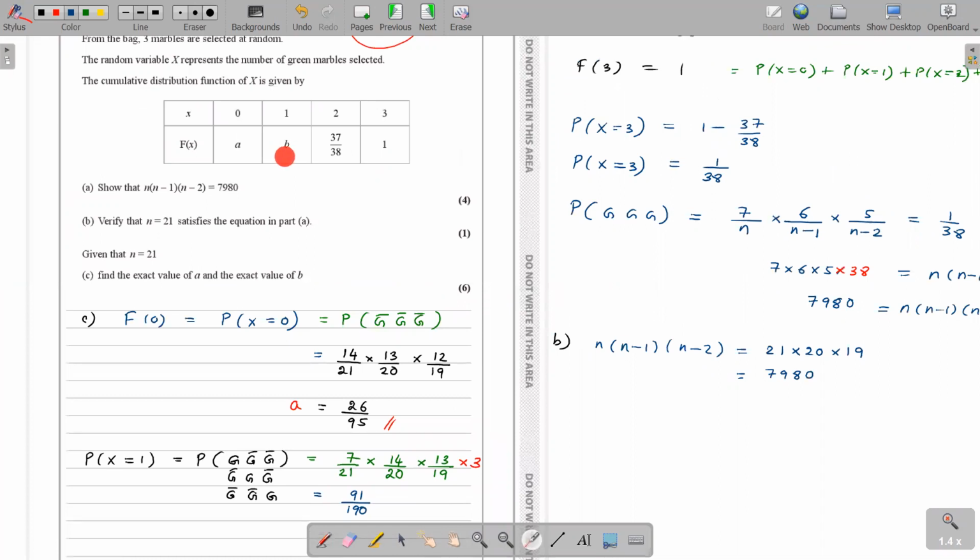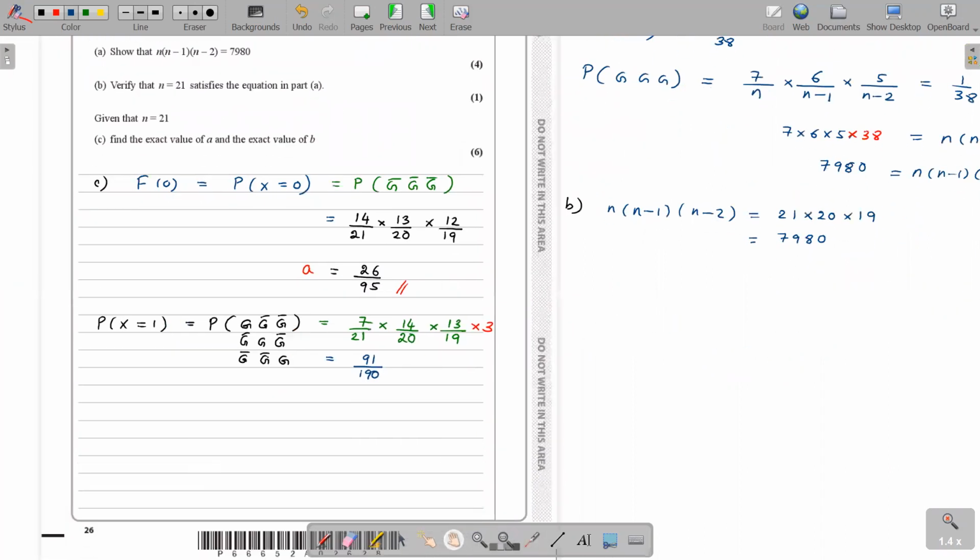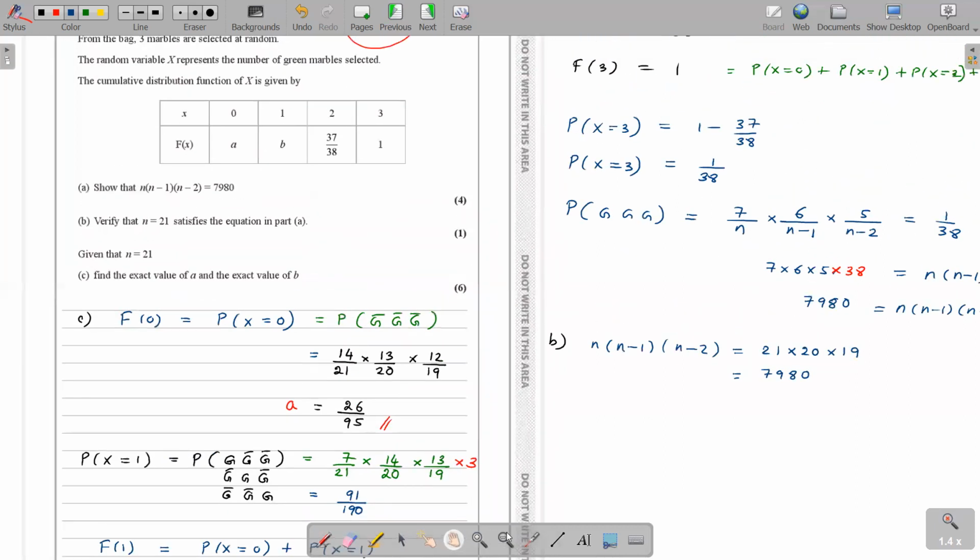What is B? B is the cumulative probability, right? So F1 is B. That means F1 means we have the probability x equals 0 and x equal 1, right? To fill this value here, we add the individual probability of x0, x1, isn't it?